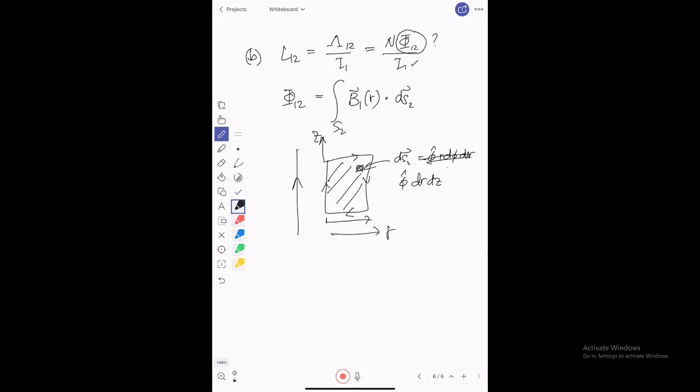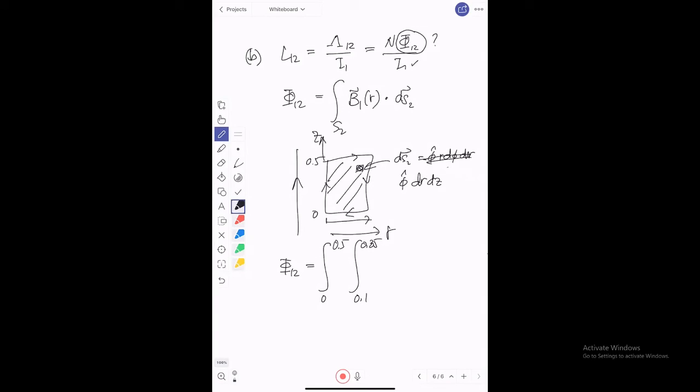All right, so now B is a function of r only, so phi 1, 2 equals, I have to integrate, my z is from 0 to 0.5, and my r is from 0.1 here to 0.35.